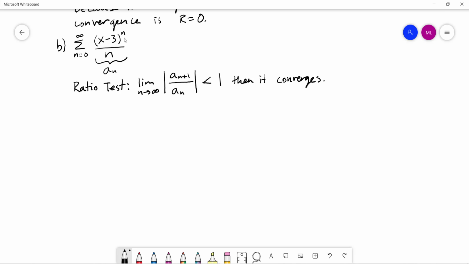If it's greater than 1, it diverges. If it's equal to 1, then the test is inconclusive. So let's look at this more carefully and figure out what's going to happen.